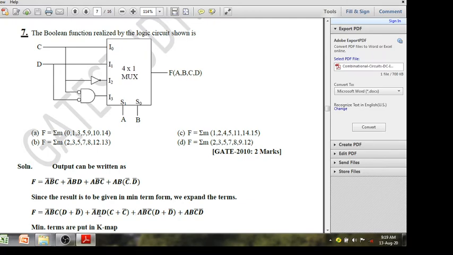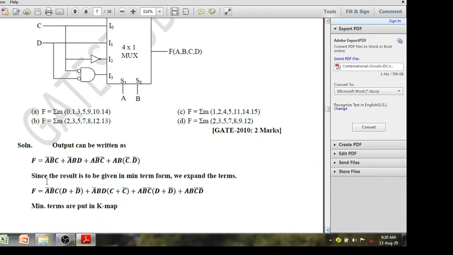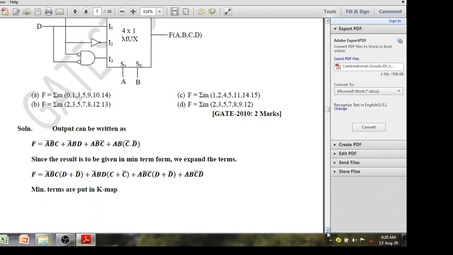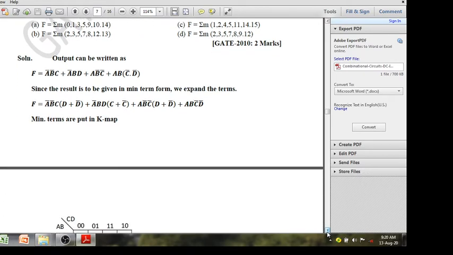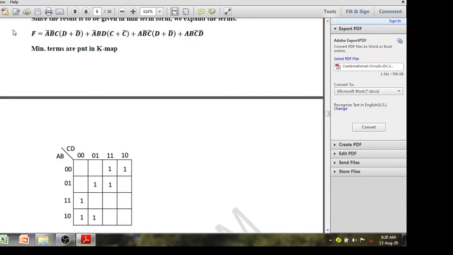And this is your A bar B bar C D plus A bar B bar C D bar, and you can determine the value of minterms. This is your minterms. A bar B bar C D is 0, 0, 1, 1. So 3. A bar B bar C D bar is 0, 0, 1, 0.